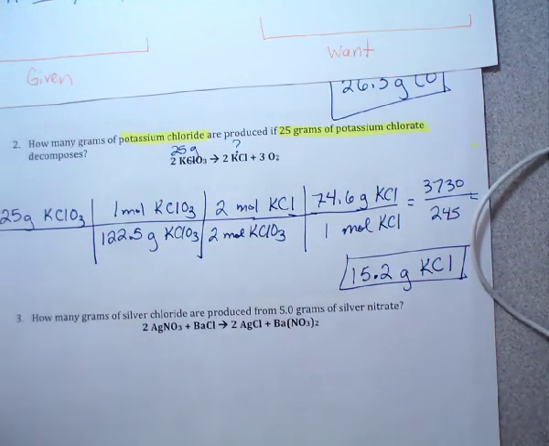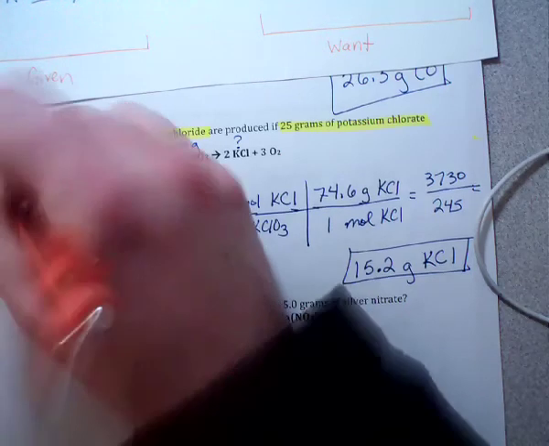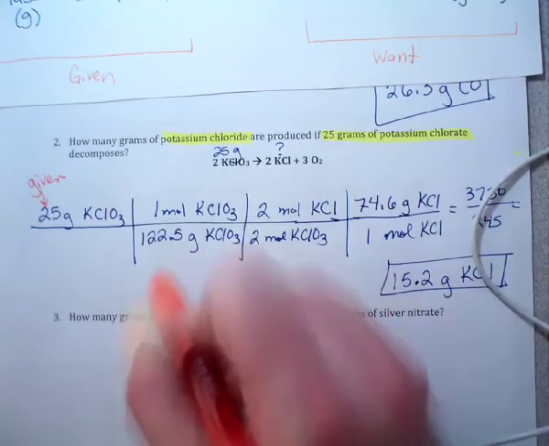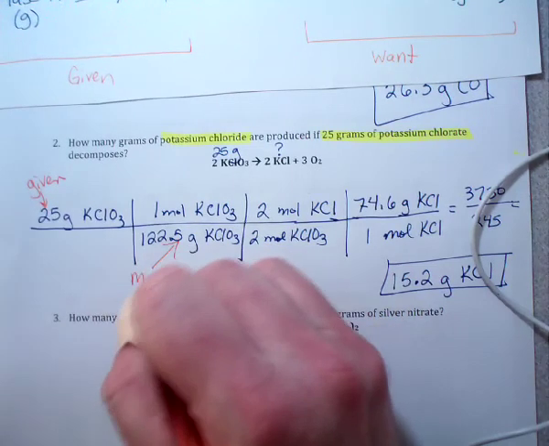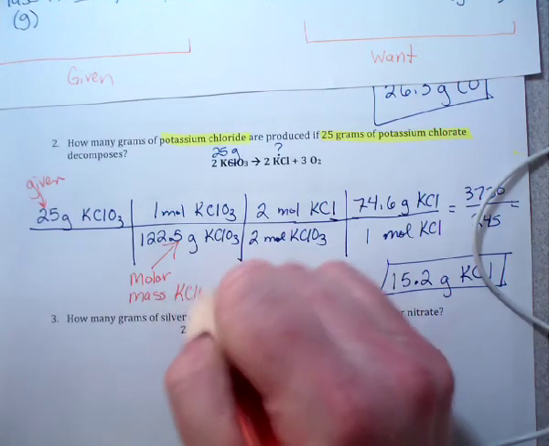So just to kind of go over where those numbers came from, 25 was given to me in the problem. I started out with 25 grams of potassium chlorate. 122.5 is my molar mass of KClO3.